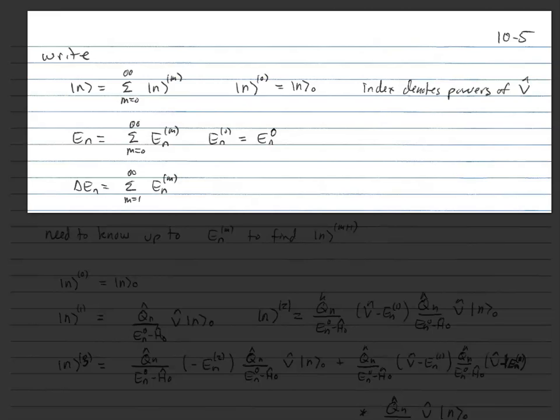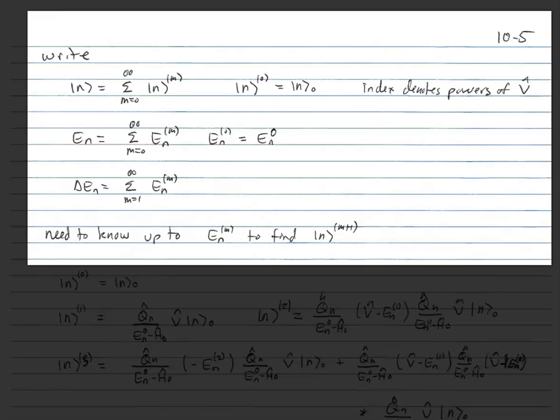We do a similar expansion for the energies, where En superscript 0 is equal to En sub 0, the unperturbed energies. And the delta En is just that summation where I don't have the term where m is equal to 0, so it's a sum m equals 1 to infinity. Now, one of the key points is we need to know both the En's and the states |n⟩ up to the mth order in order to find the m plus first state.